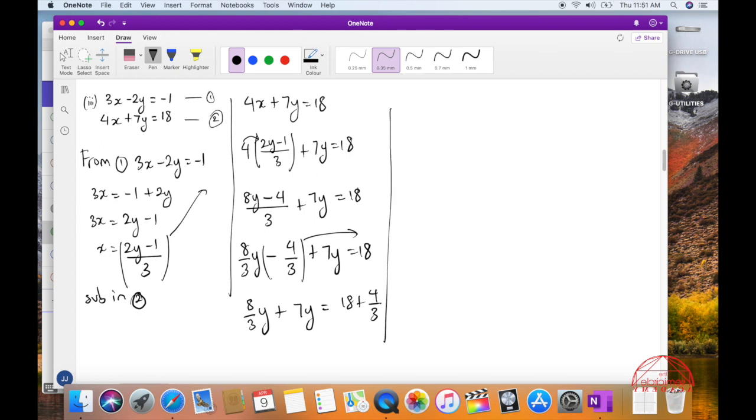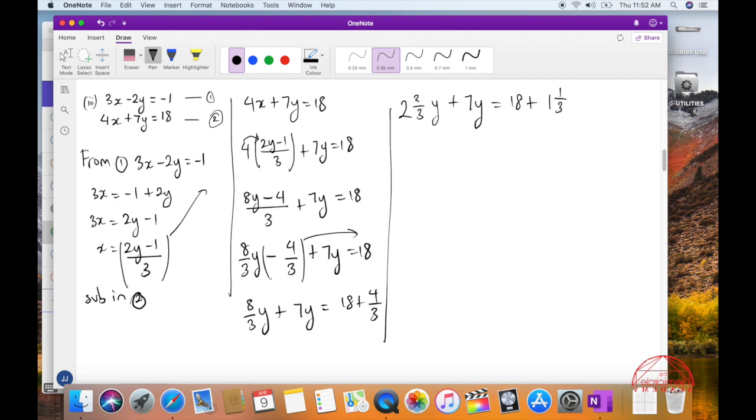Now, let's try changing these things to mixed numbers. So 3 2s are 6, 7, 8. So that's 2 and 2 over 3y plus 7y is equal to 18 plus 1 and a third.